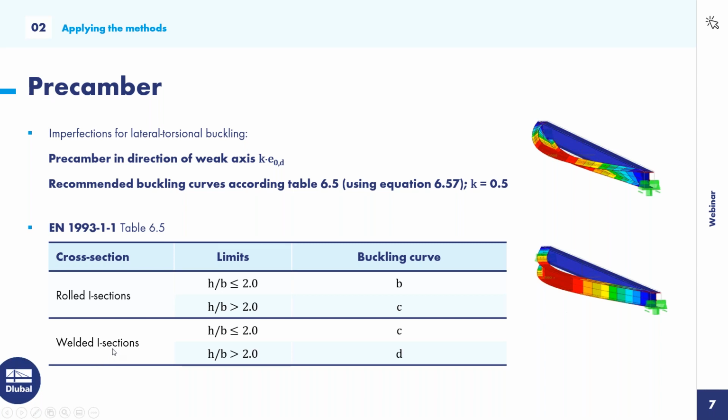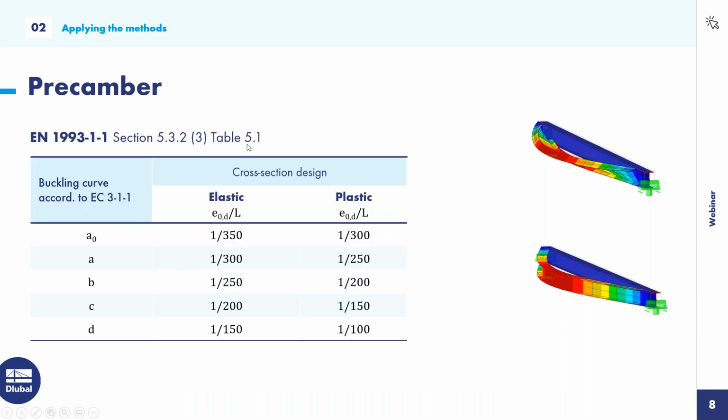Table 6, our structure has got welded I-sections. H to B is larger than 2 in our case. Therefore, we need to apply the buckling curve D. Next table, table 5.1, buckling curve D.